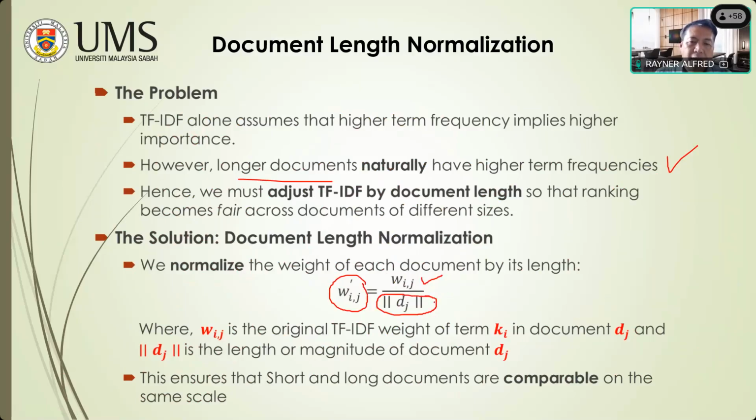So we divide this value by the length of the document. How do we compute the length of the document? Basically we take the summation of the squares of the weights of each component in the document, and then we normalize the weight by dividing it by the magnitude of the document.